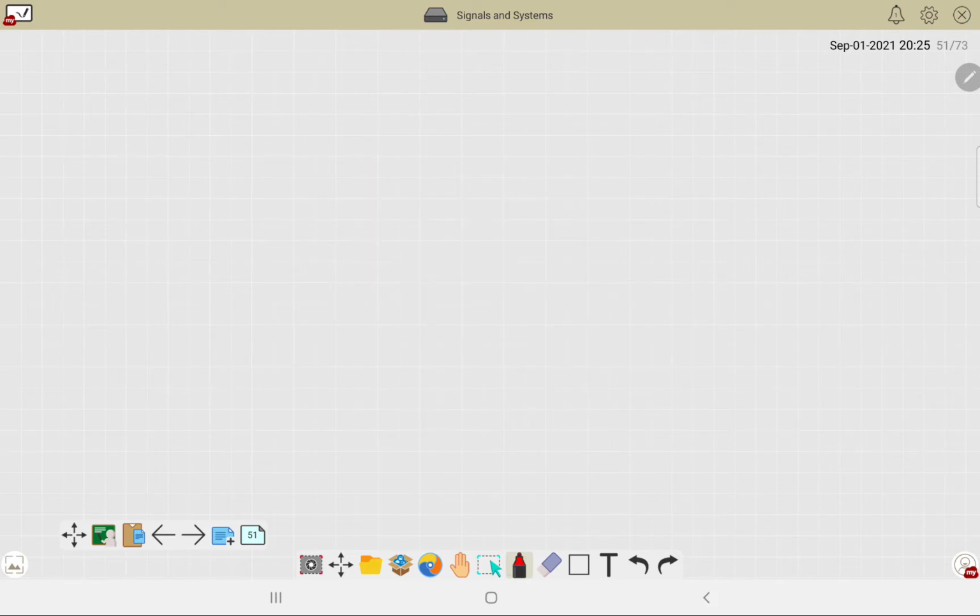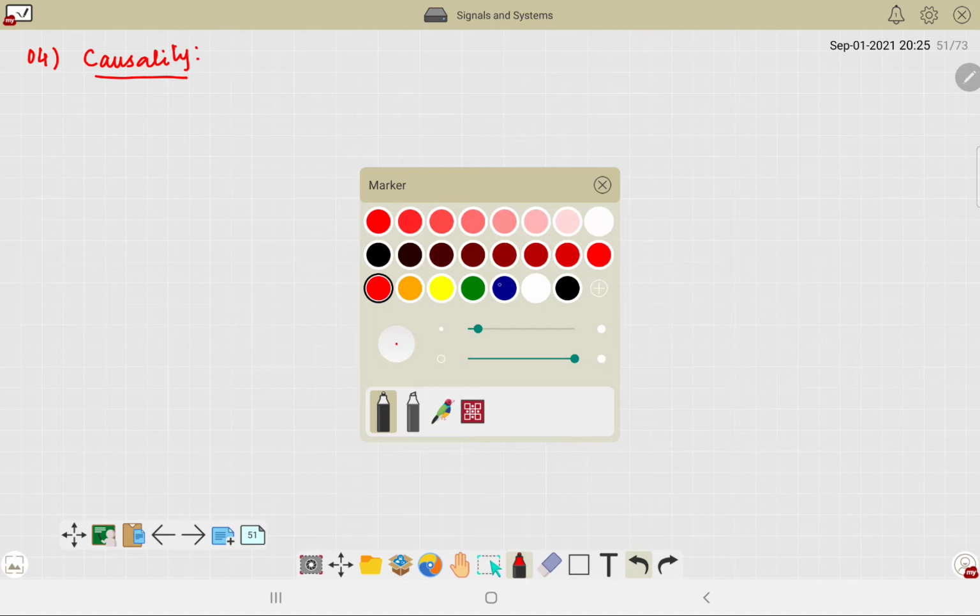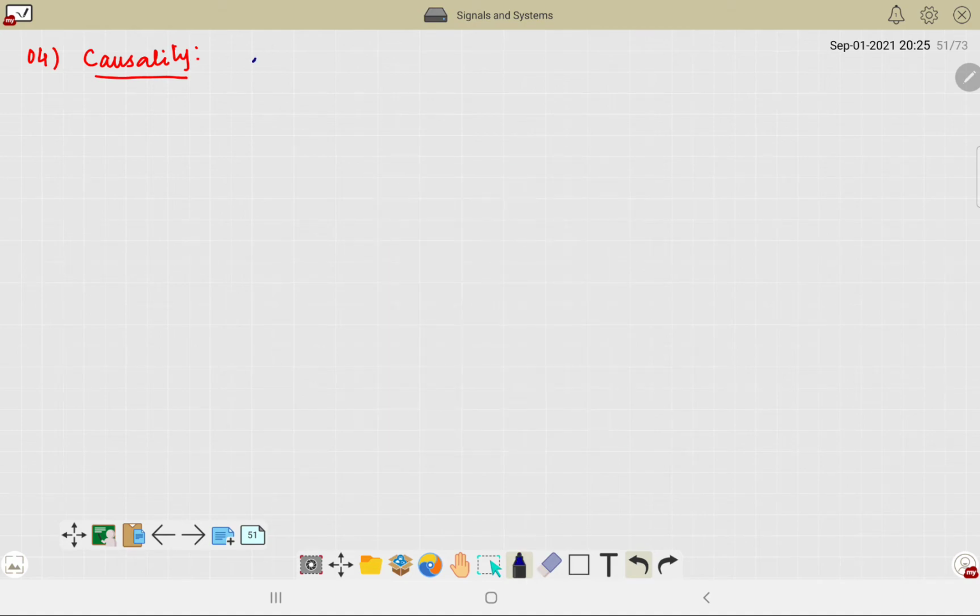Then we have one more property, again a very important property. It's the property of causality. We will be discussing this a lot, using different methods, using different characterizations of the system. So let me write it down here: a system is said to be causal.